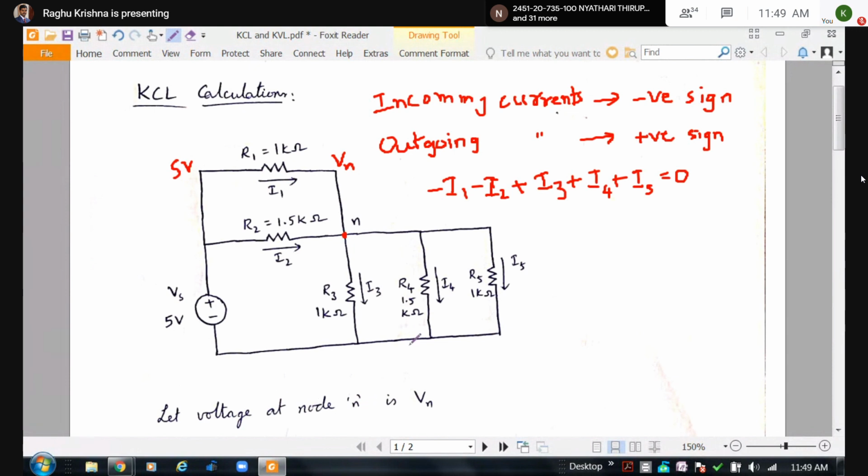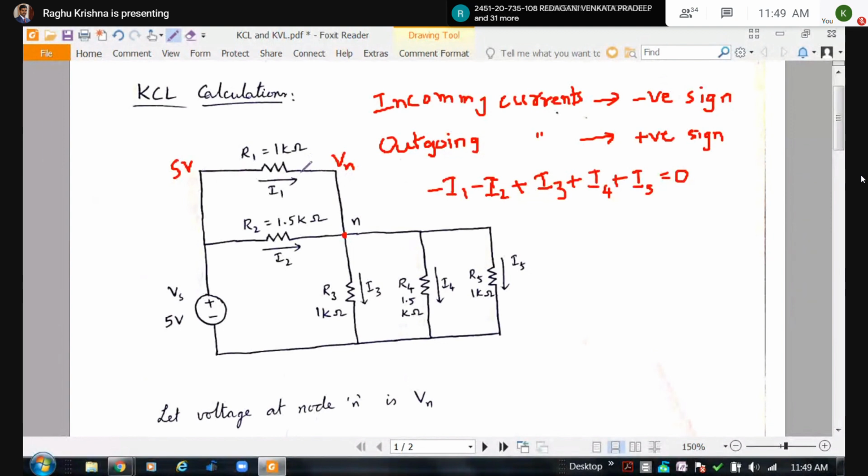So here this is the node N. At this node N, the voltage is Vn. If you see the resistor R1, one end is at 5 volts, another end is at voltage Vn. Now what is the current flowing? Voltage difference divided by resistor.